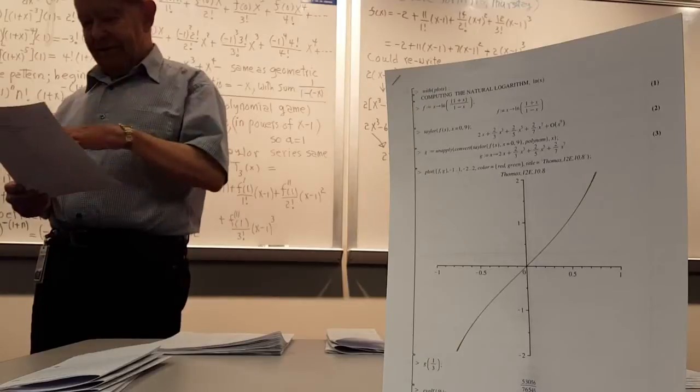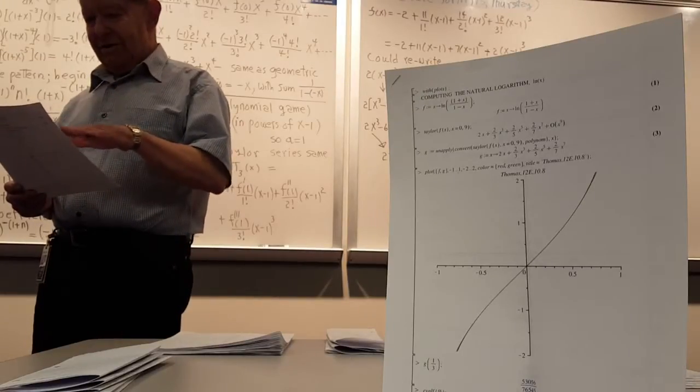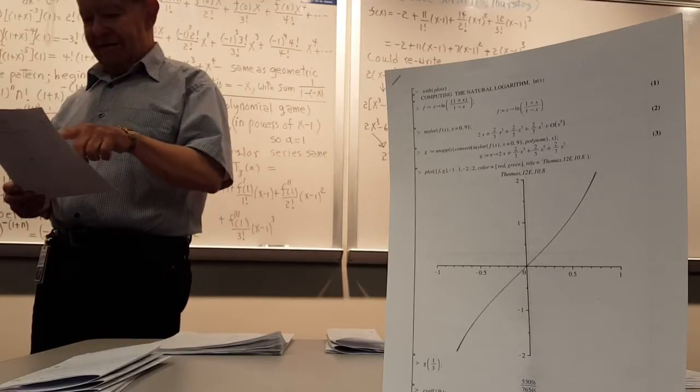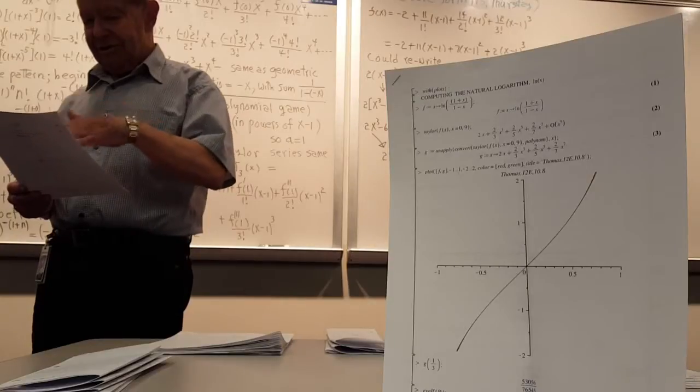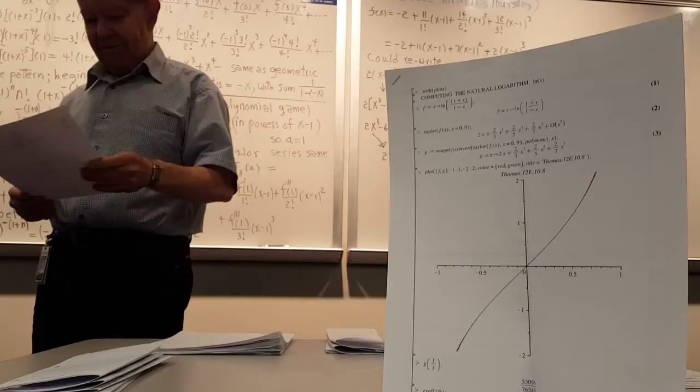And the reason I've done that is so that I can get Maple to draw the graph of f, which is the true logarithm, and the graph of g, which is this polynomial that approximates it.